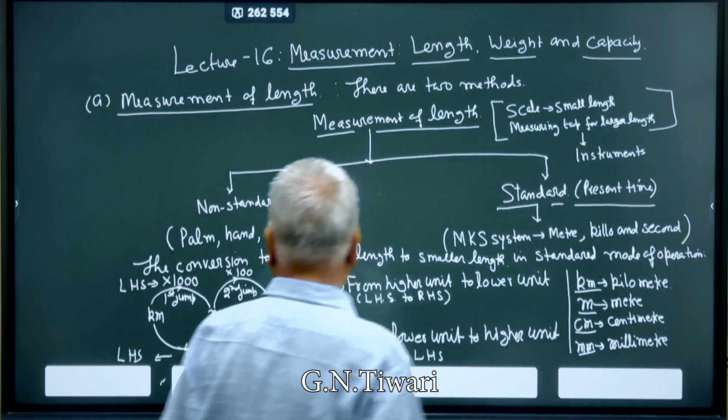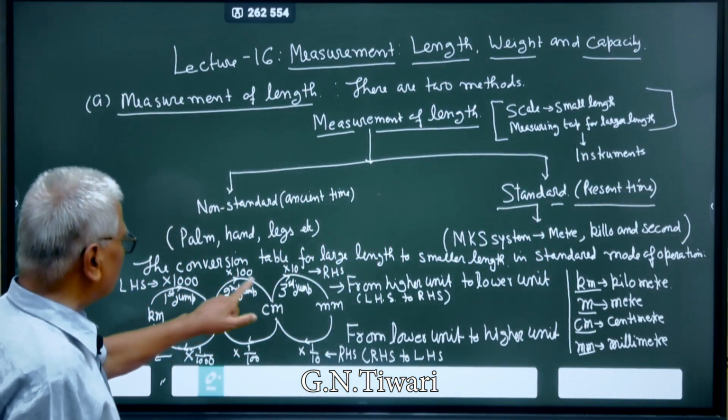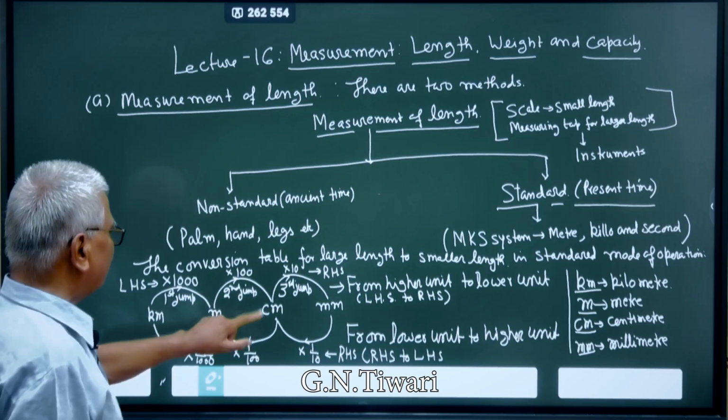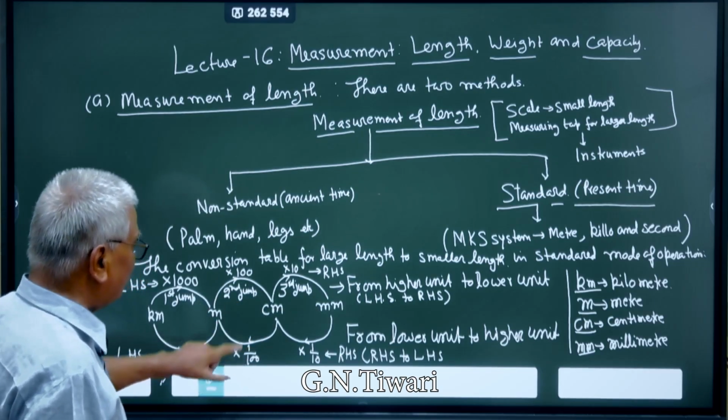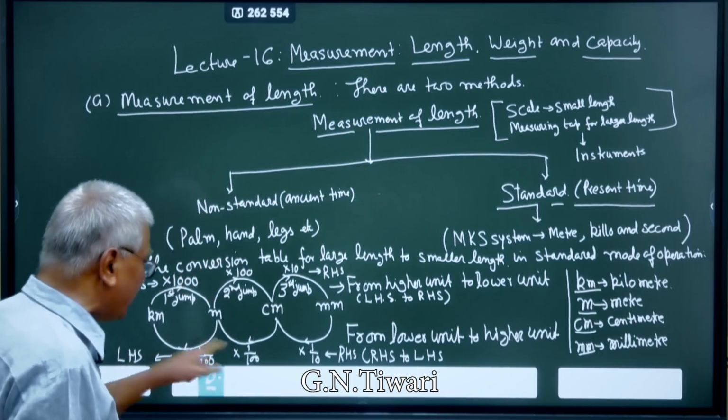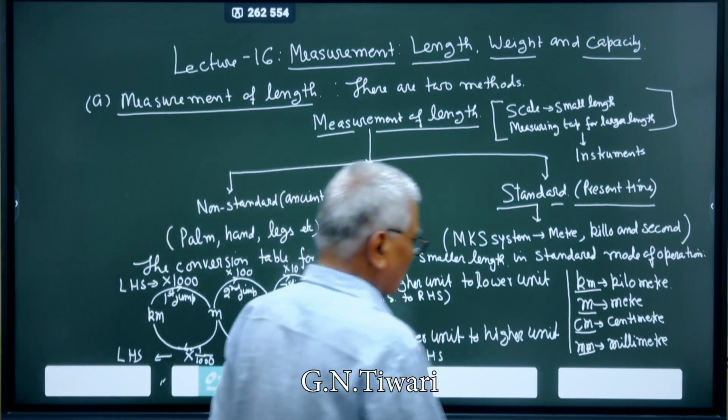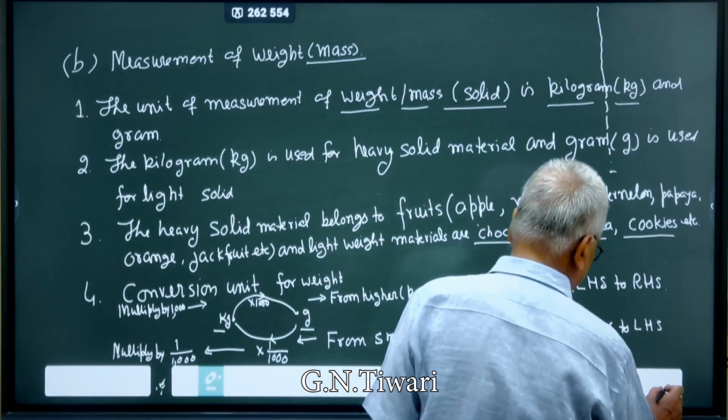When you want to go from centimeter to meter, it is multiplied by 1 by 100, because it is from a lower unit to a higher unit. This is very, very important, otherwise a student can make a mistake.